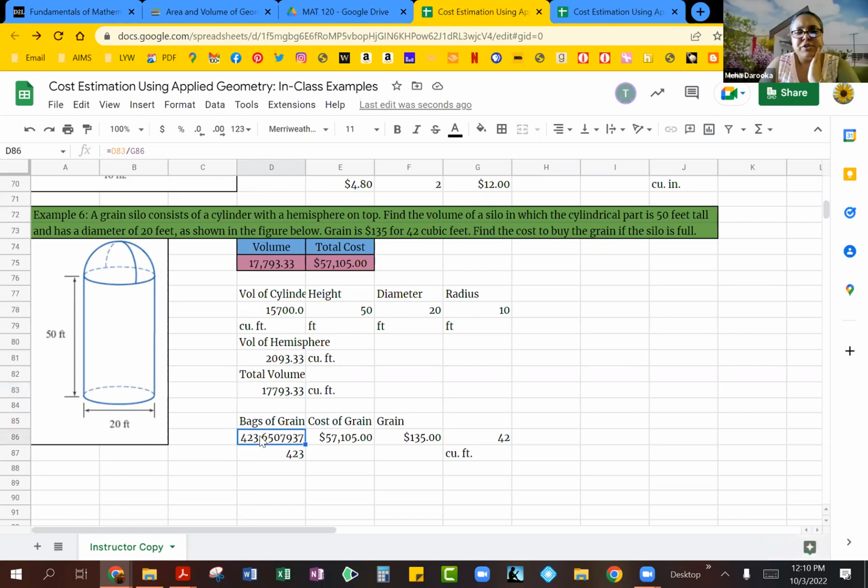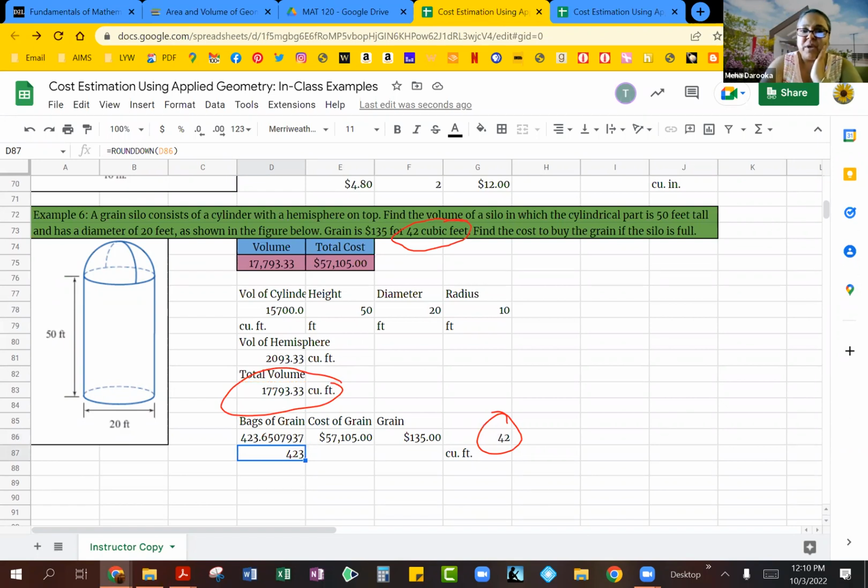Okay, no worries. So basically what I did here, and let me show you how I calculated that. So basically we know this is the total capacity of our silo. And we know each bag gives us 42 cubic feet of quantity, basically. So we took our total volume for the silo and we divided by 42, which gave us this answer of 423.65, right?